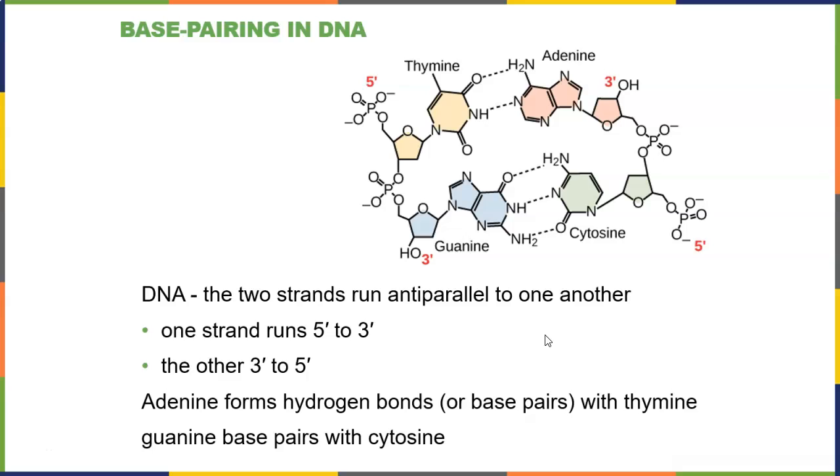One is going to look like it's going from 5' to 3', and the other one is also constructed in a 5' to 3' direction, but it's inverted. So it's going to run next to it in this anti-parallel way. We'll see the 3' end going, and the 5' end, they'll be going in opposite directions. This picture shows that a little bit. I've got some others that I'll show you again.